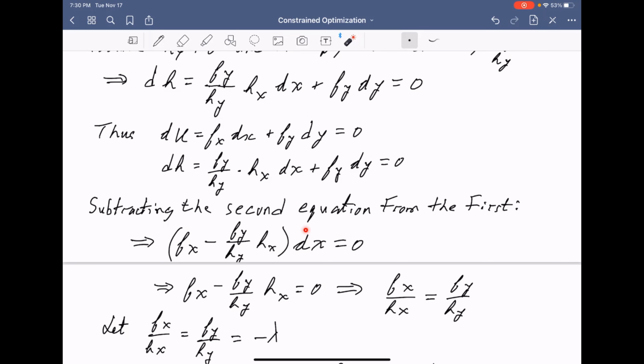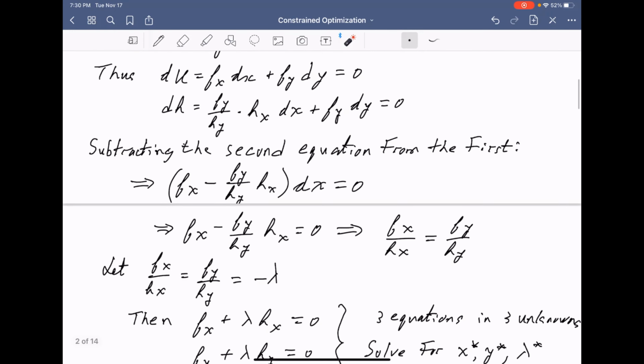Assuming that dx is some small change and it's not equal to 0, we then have f sub x minus f sub y over h sub y times h sub x equal to 0, and we get f sub x over h sub x equals f sub y over h sub y.